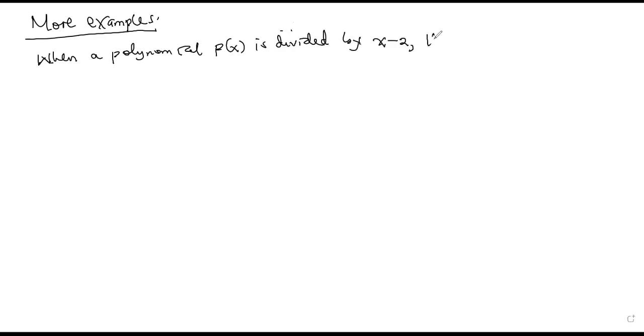More examples. When a polynomial p(x) is divided by x minus 2, the remainder is 4.